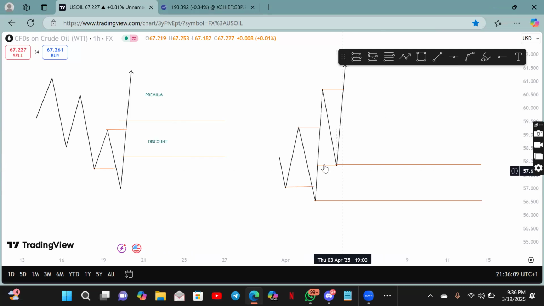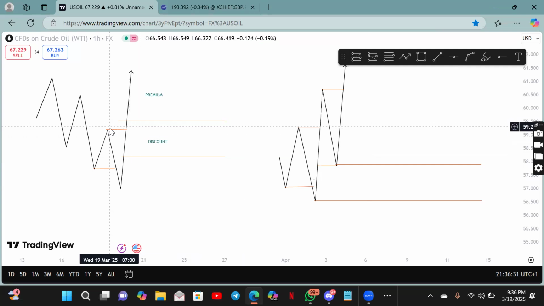And your structure must be at least in the 50%. What that means is that this structural liquidity you are seeing here must be at least in the 50% or below the 50%. It must not be above. I don't know if you understand.